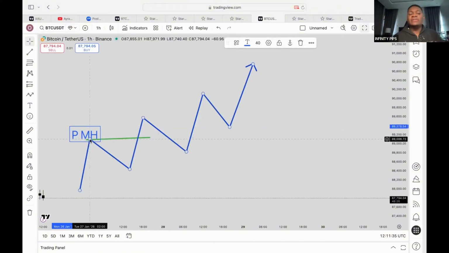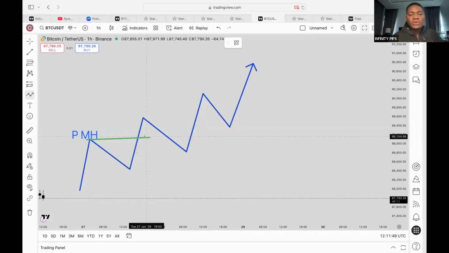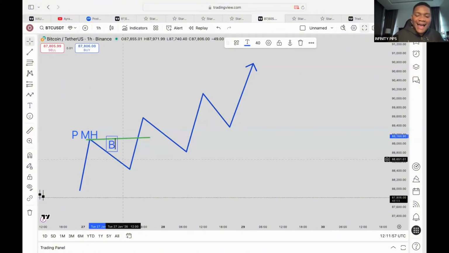Now, the market has broken that previous major high and created another major high. Market doing so, we call it break of structure, BOS, because the market has broken the previous high that it created before.